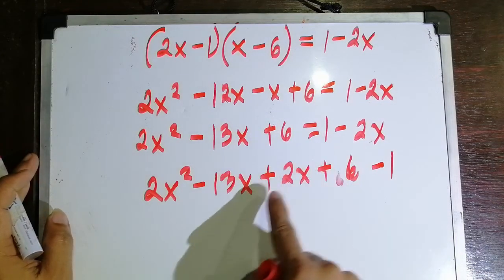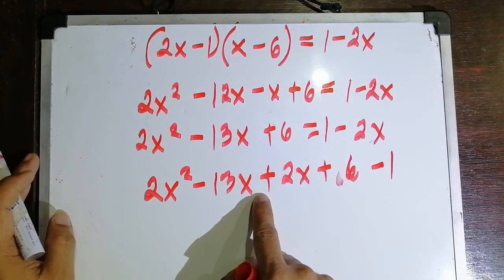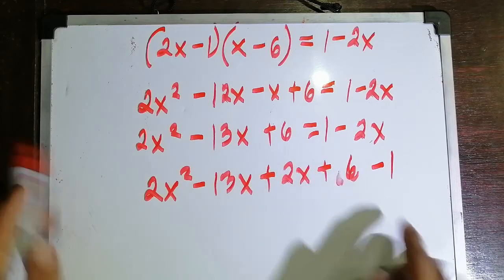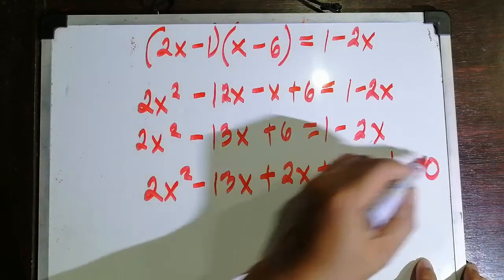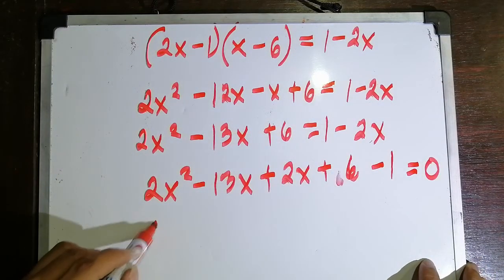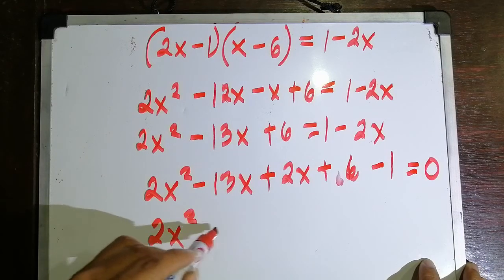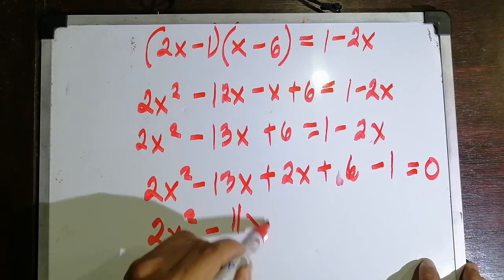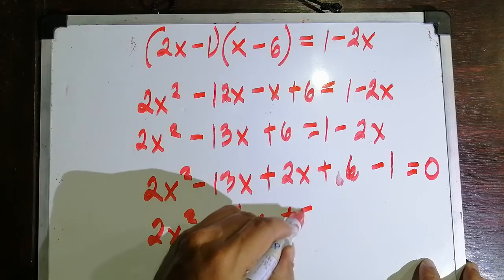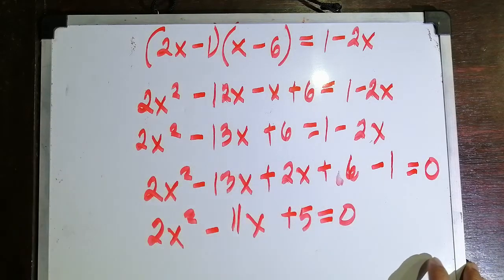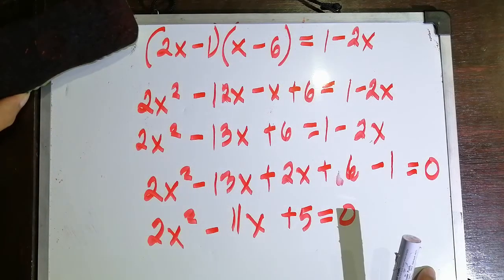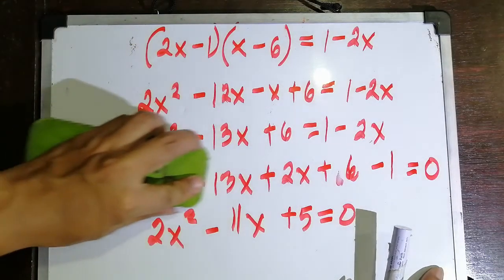So, negative 2x, naging positive 2x. Positive 1, naging negative 1. Equals 0. So, 2x squared minus 11x plus 5 equals 0. So, ito ngayon yung ating quadratic equation na ating isa-solve. So, simplify muna natin. Okay? So, let's start.